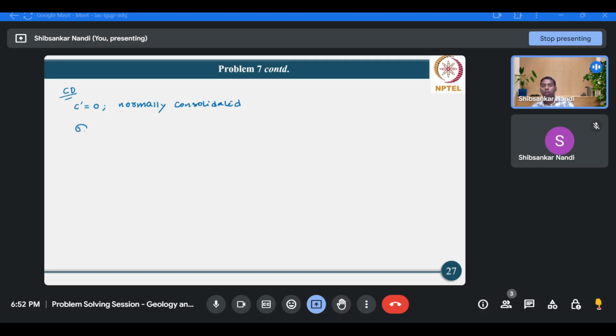Now we can utilize this equation: sigma 1 prime equals sigma 3 prime tan square of 45 plus phi prime by 2, plus 2c prime tan of 45 plus phi prime by 2. This part is your 0.